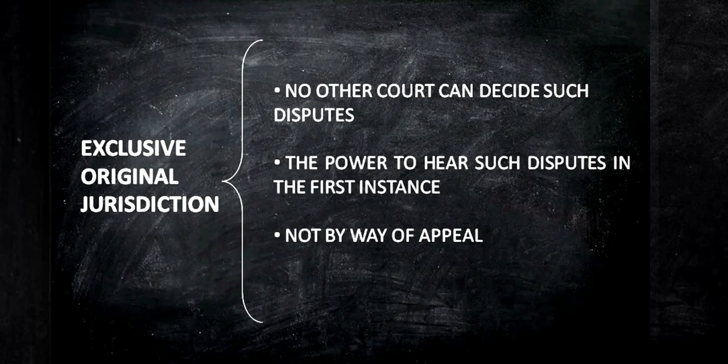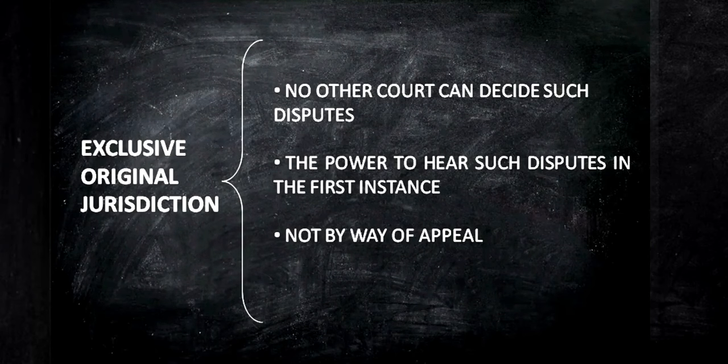Now, okay, after the enactment of the constitution or after the constitution came into force, whatever disputes are there between the central government, state government and other state governments, such disputes will be resolved by the Supreme Court. Now, who will resolve those disputes which are considered as pre-constitutional disputes?